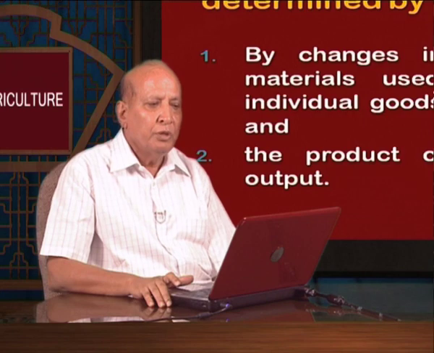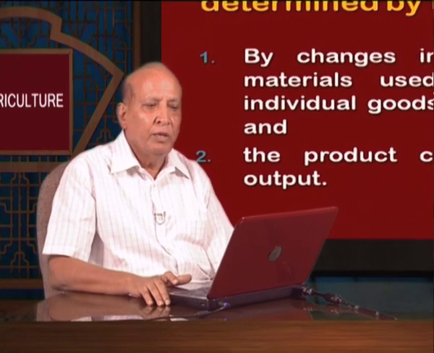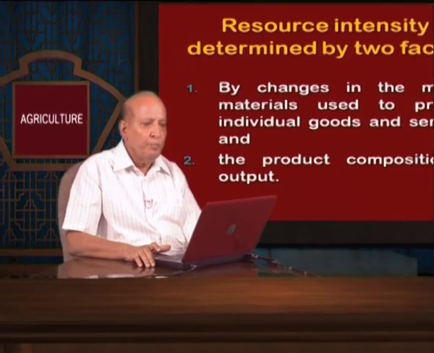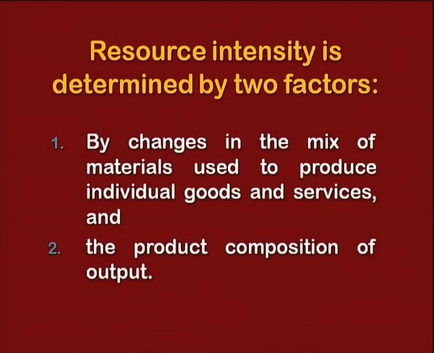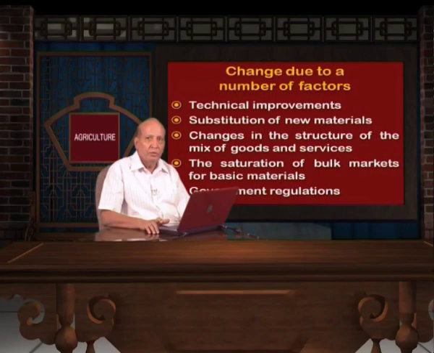Now, resource intensity is determined by two factors. First, by changes in the mix of material used to produce individual goods and services and the product composition of output. Change is due to a number of factors. How will this resource intensity be changed?